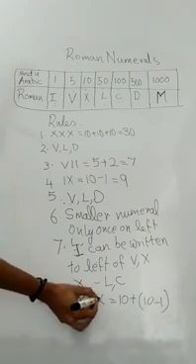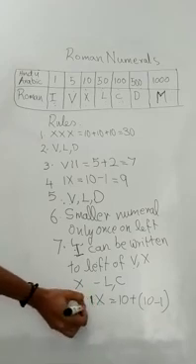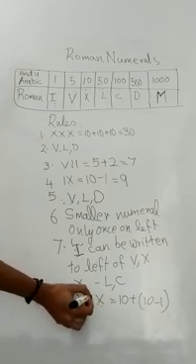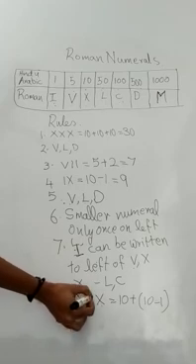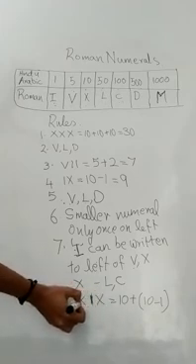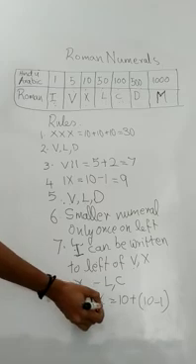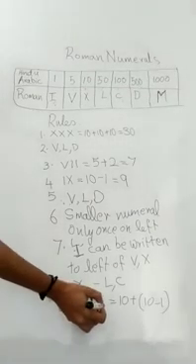We are putting a smaller one between two bigger ones, right? But the smaller one will be subtracted from the numeral on the right side, which is bigger. On the left side also there is a bigger one, and on the right side also there is a bigger one, but it will be subtracted from the right side one.